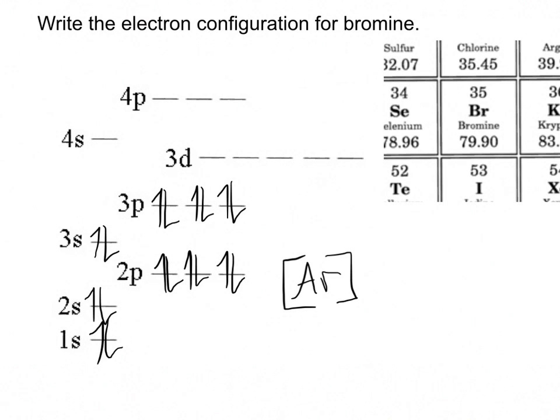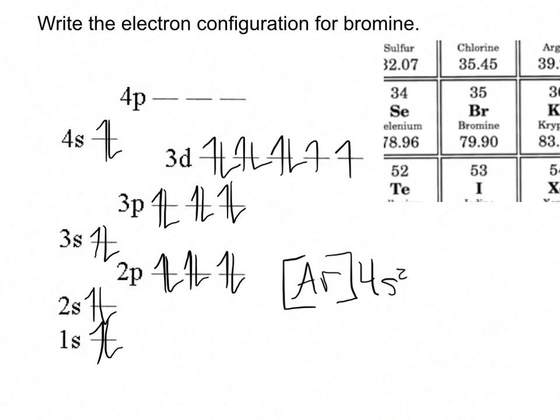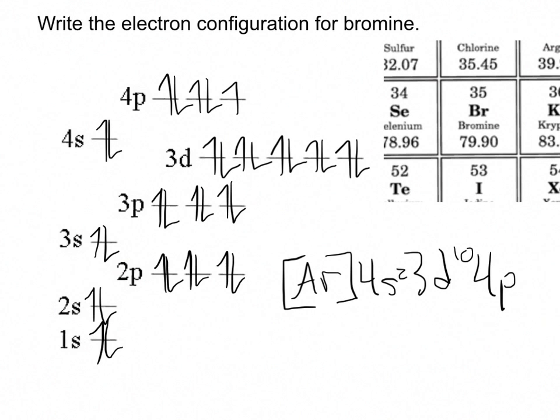And then we start to fill in 4s2, and then we go down to 3d10, and then we go up to 4p5, and that is our full electron configuration for bromine.